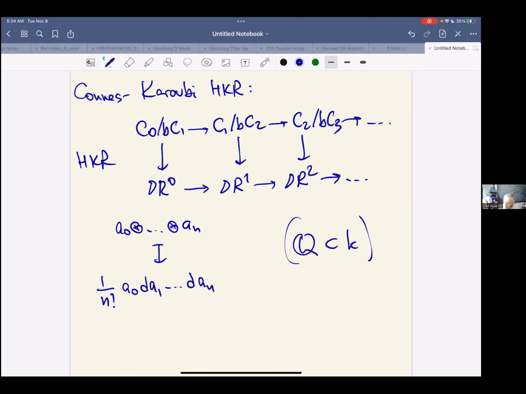I'm not sure what you can do in characteristic non-zero, but in characteristic zero, you divide by n factorial, and then this thing intertwines.